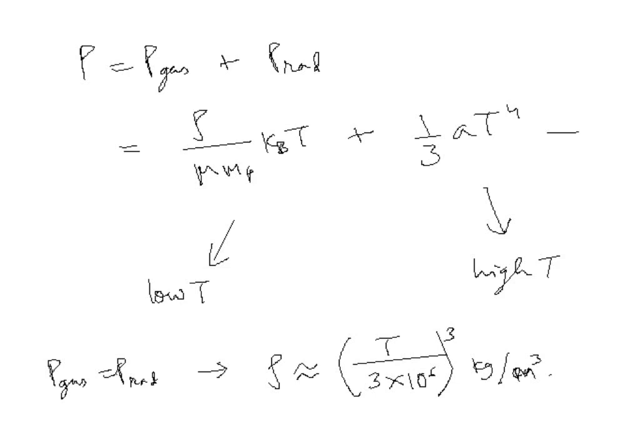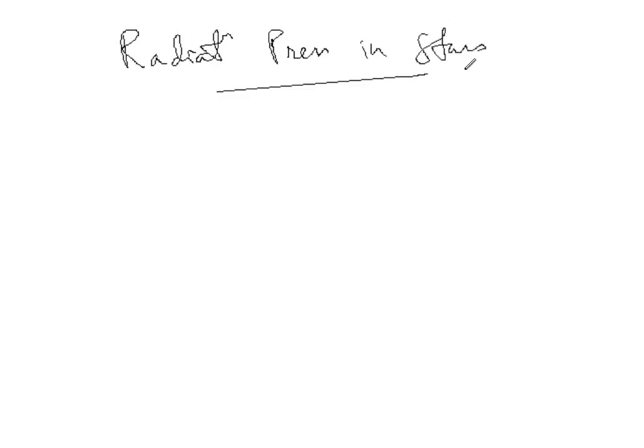So after that, let me talk a little bit about radiation pressure in stars. Now you see, from equation 68, basically P is equal to rho c kb Tc by mu mp.